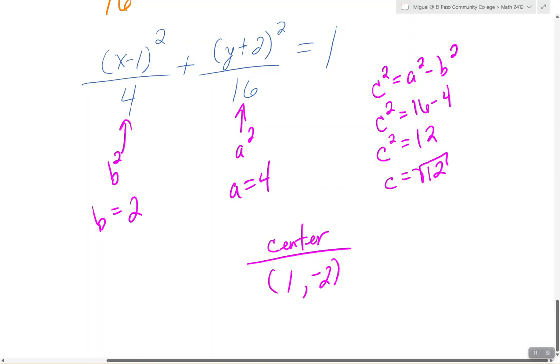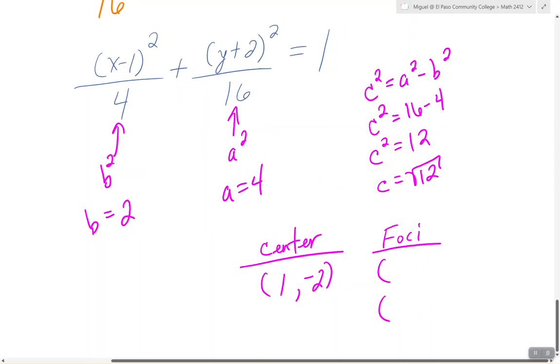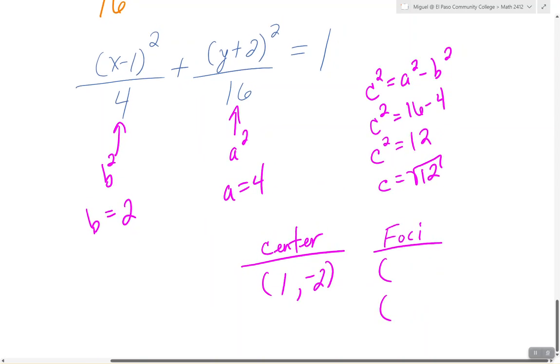And then vertices and what was the other thing? Foci. So foci we can actually figure out without the drawing, right? So we have the C value that we have to add to get the foci, and we add it to the center, right? Is the foci on the vertical axis or on the horizontal axis? Yeah, vertical. It's always on the bigger one, right?